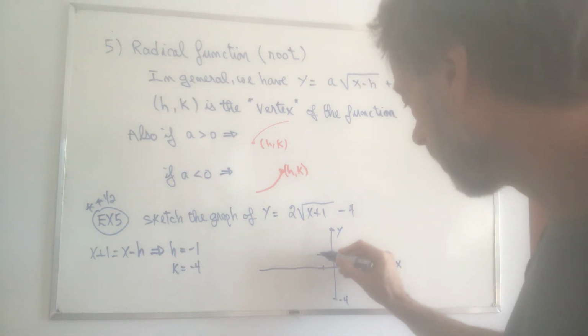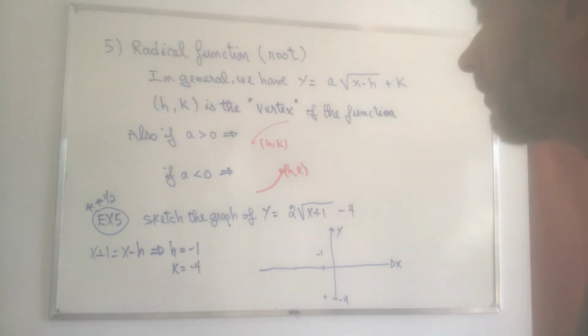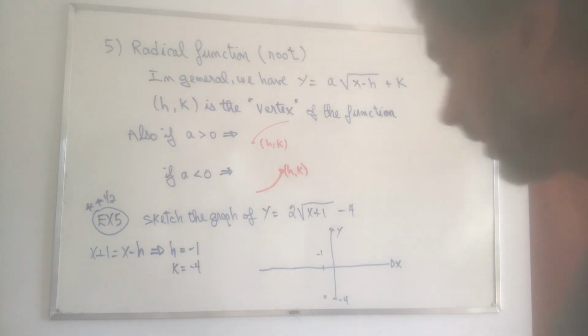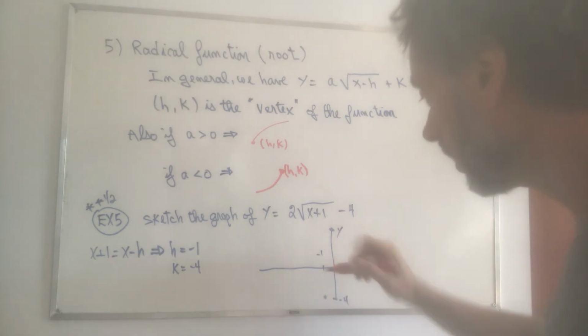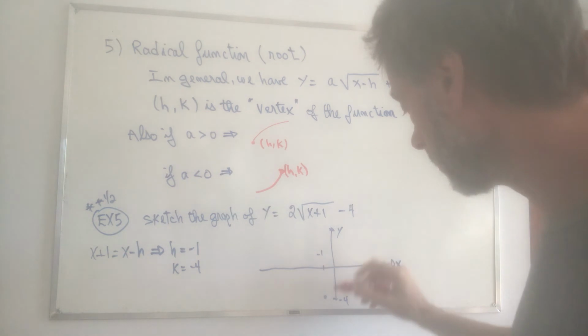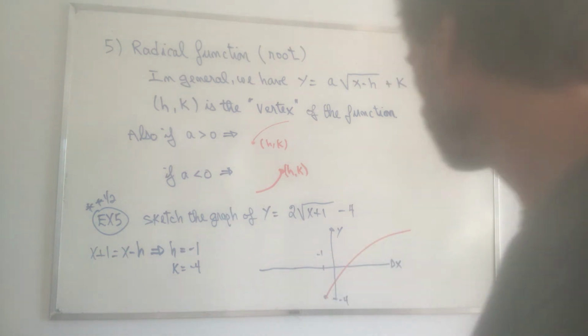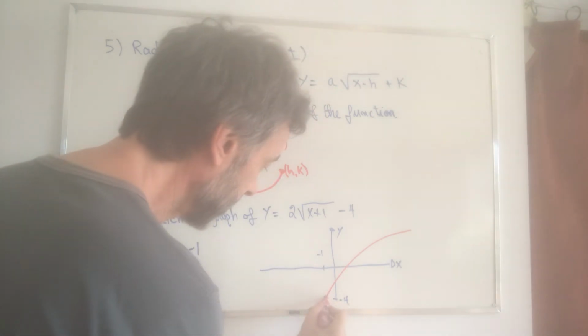Then I just sketch the graph. Start here, a is positive, so it's going to open up like that, and you go like this. And this is your (h, k).